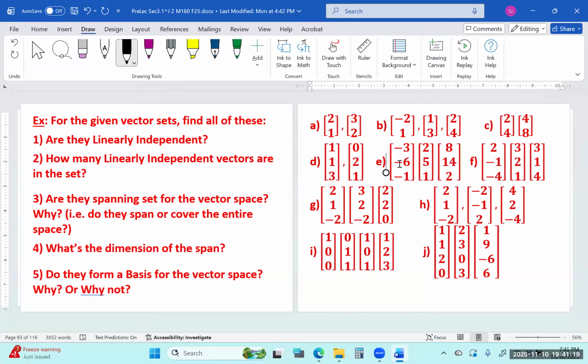For example, in an xy plane, can you draw xyz? Wait, in the Rn space? N is how many rows we have. But we're talking about vectors, so is the answer infinite?